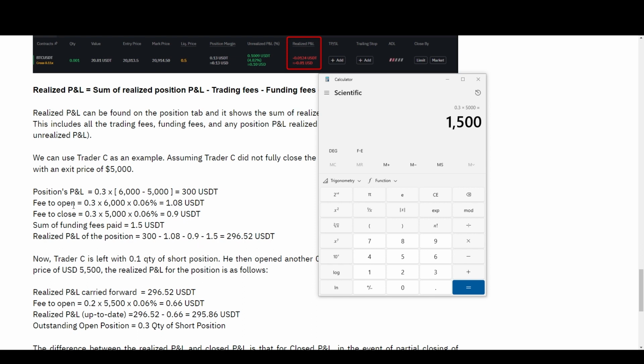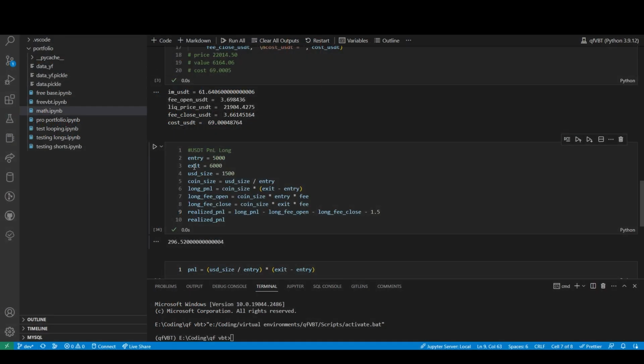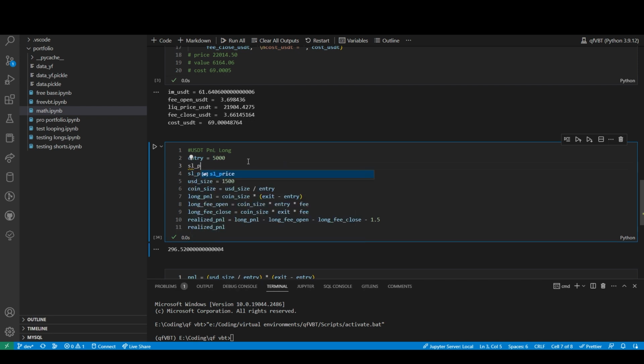And so now with this information, what we can do is we can do our entry, then we can say our stop loss is going to be entry minus entry times 0.0, stop loss percent equals 1.